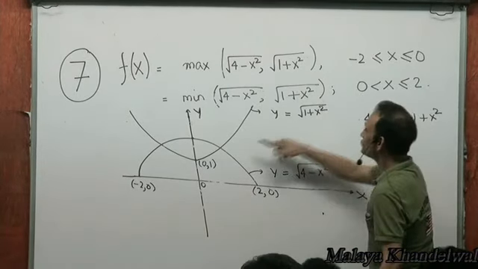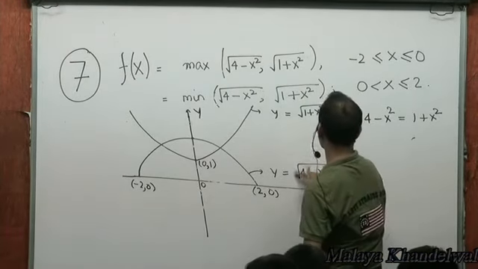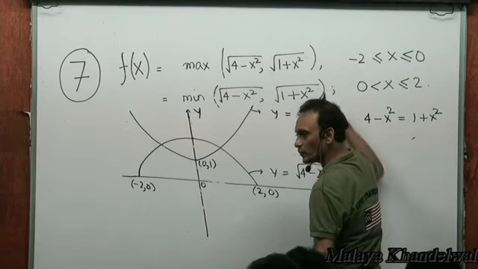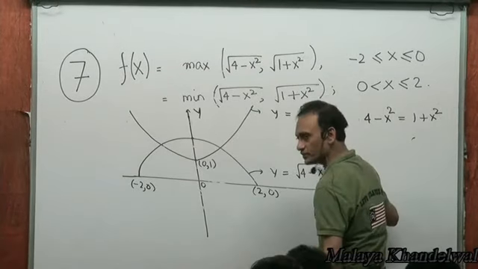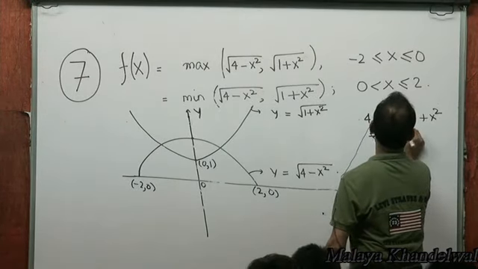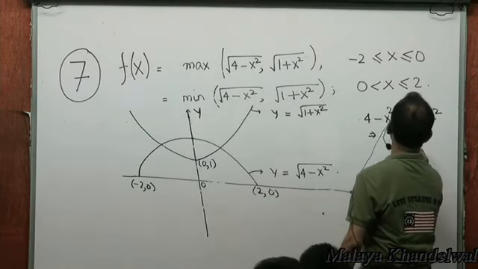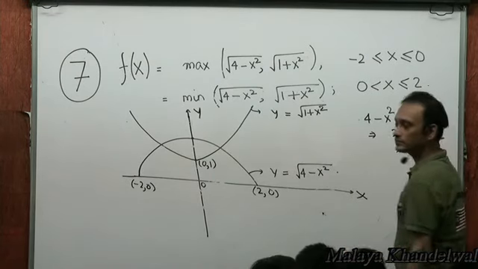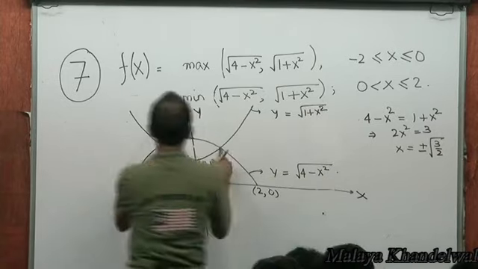When for the same x they have the same y, that means 2x squared becomes equal to 3, or x equals plus minus root 3 by 2. That's when they intersect.